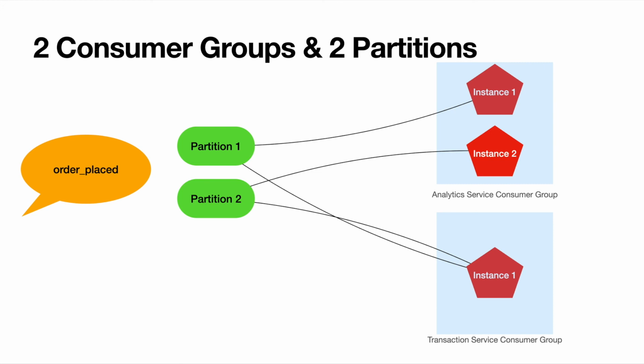If you scaled up the transaction service and added another instance to it, one instance would read from partition 1, the other would read from partition 2. If you had 3 consumers in any of the consumer groups, the third consumer in those groups would be sitting idle because there are only 2 partitions to read from, and 1 partition can only be read by 1 consumer in that group.